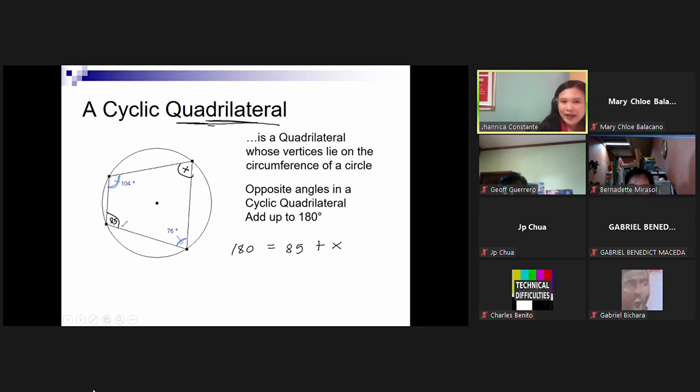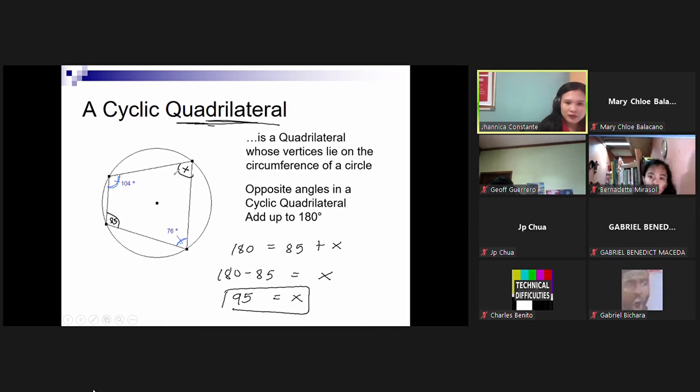If you add the two opposite angles of the quadrilateral, it's equal to 180. So 180 minus 85 equals X. 180 minus 85 is equal to 95. So that's the measurement of the opposite angle of 85 degrees.